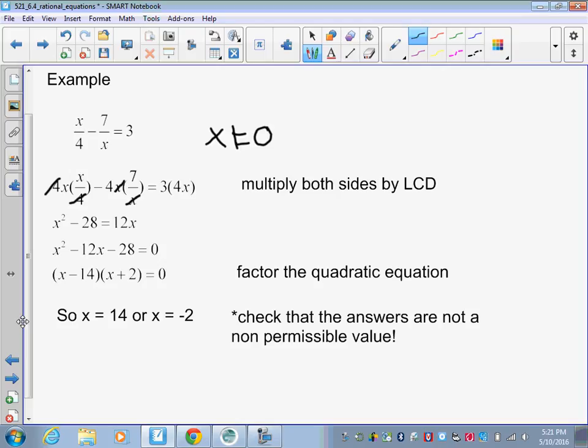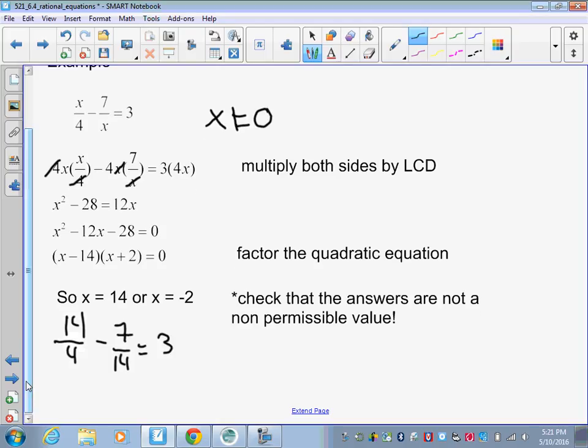Let's just check to see if that works. 14 fourths minus 7 over 14 should equal 3. Well, 14 fourths is going to reduce down, we can divide 2 into each of these, to 7 over 2. And 7/14 is the same thing as 1/2.